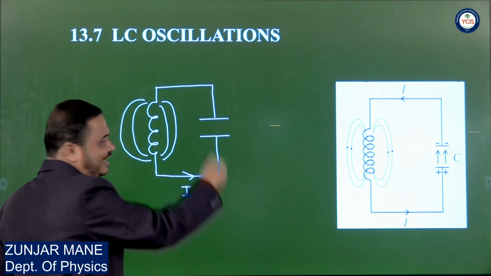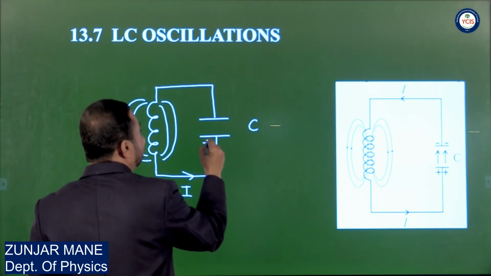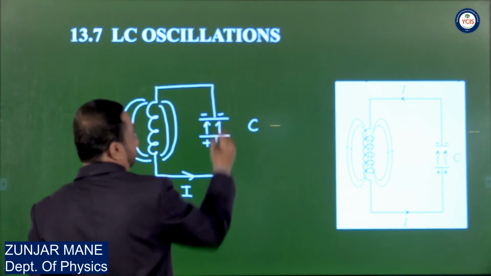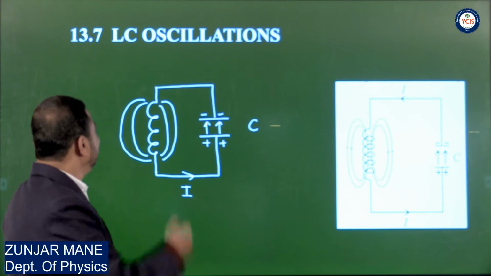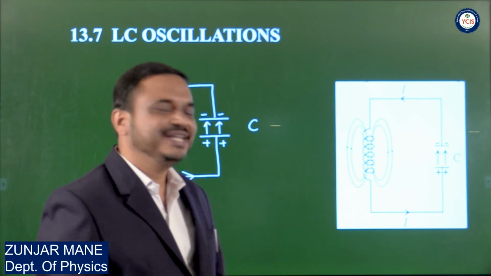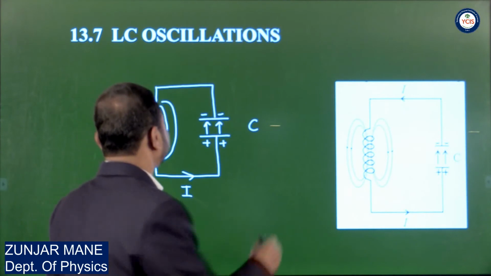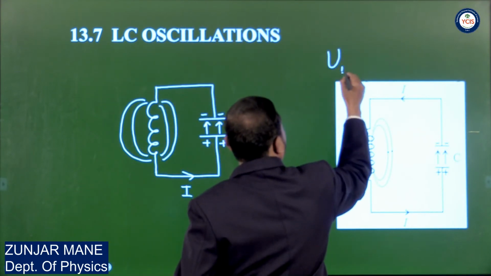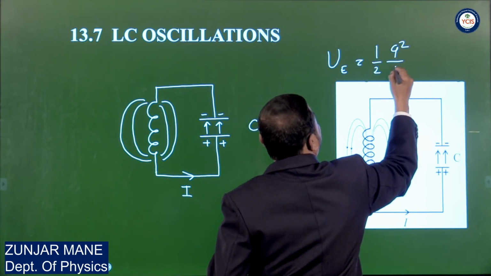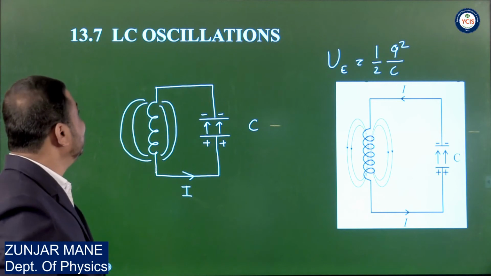Suppose the current I is passed through the capacitor, then the plates of the capacitor go on charging and some charge is stored in the capacitor. Its electrostatic potential energy is given by U_E equal to half Q squared by C, where Q is the charge stored on the plate so far.